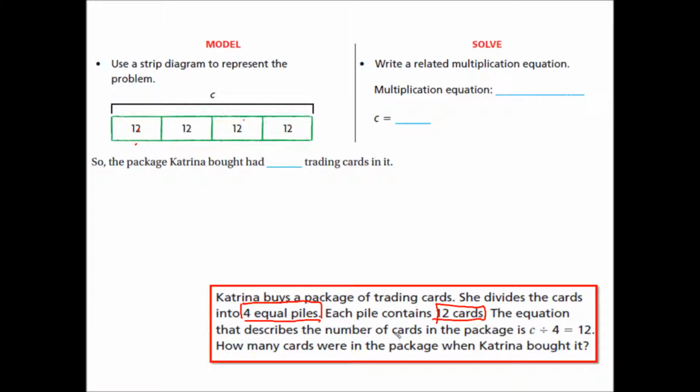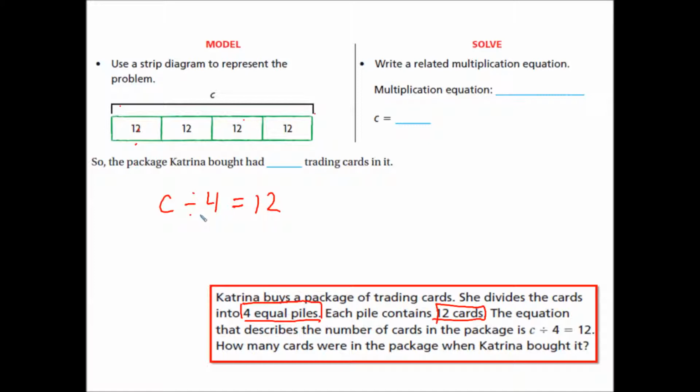Okay, and the equation that describes this is C divided by 4 equals 12. C, by the way, is the total number of cards she had to begin with, and that's why it's bracketing the entire box.